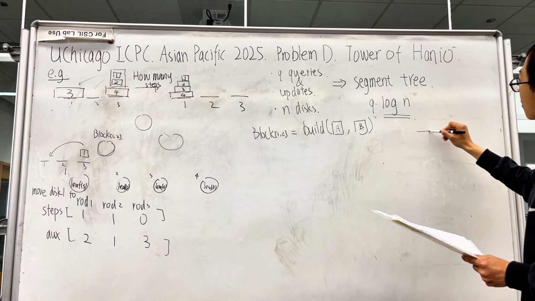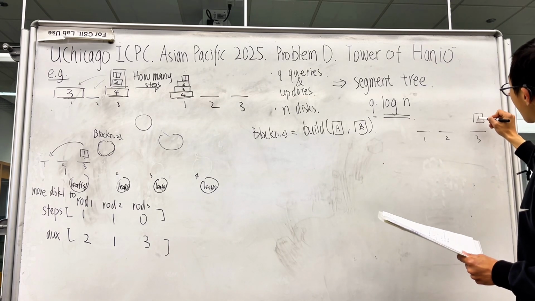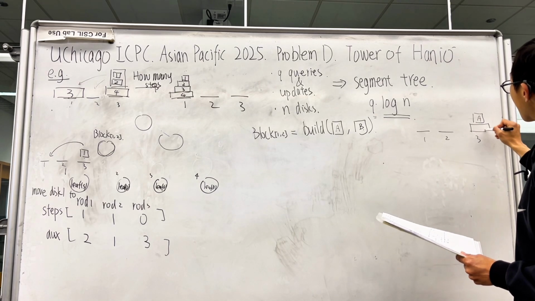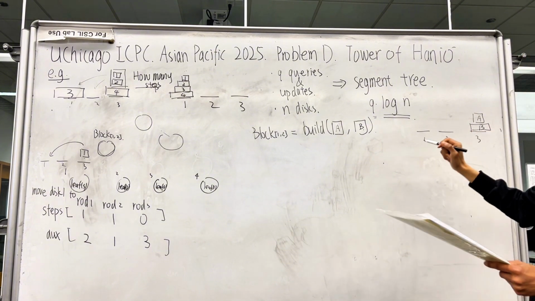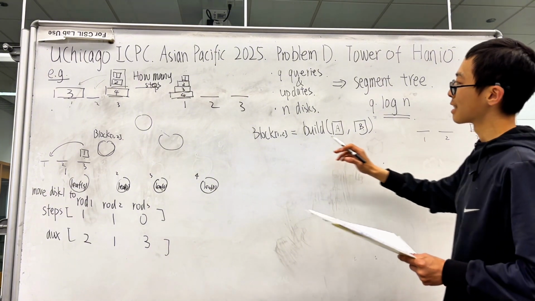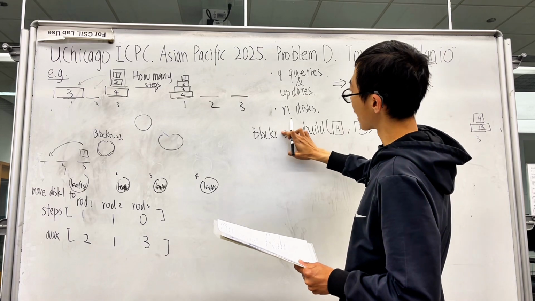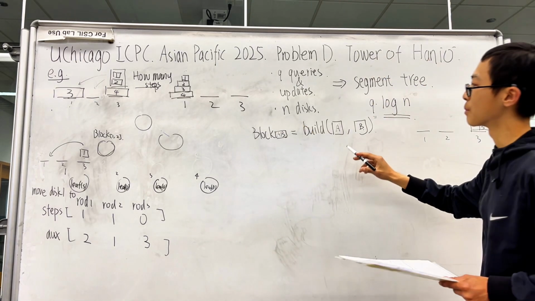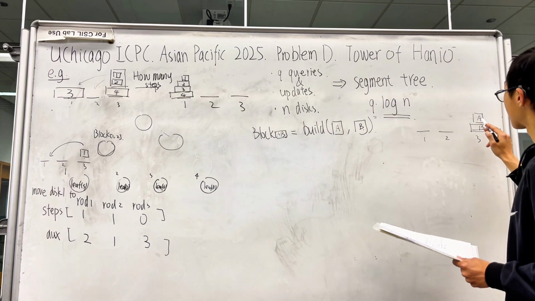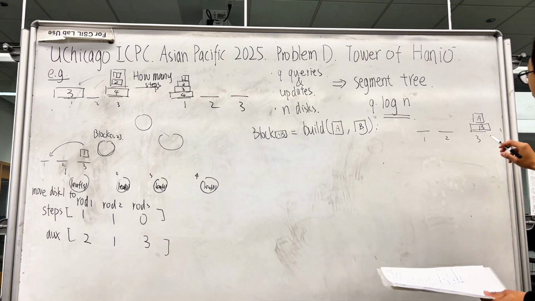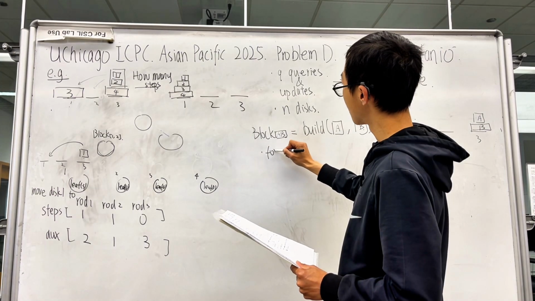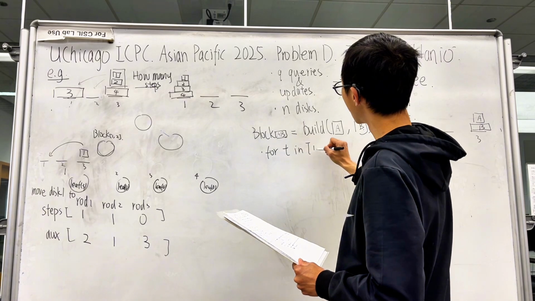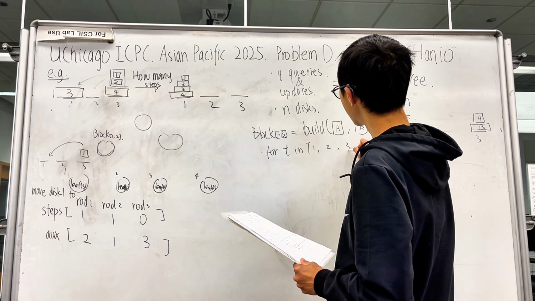Let's draw an example here. Here is block A, and the block B will be on the bottom, which is a bigger block. So now, the block A and B will just be merging those 2 blocks, A and B. How to conduct the merge for T in 1, 2, 3.